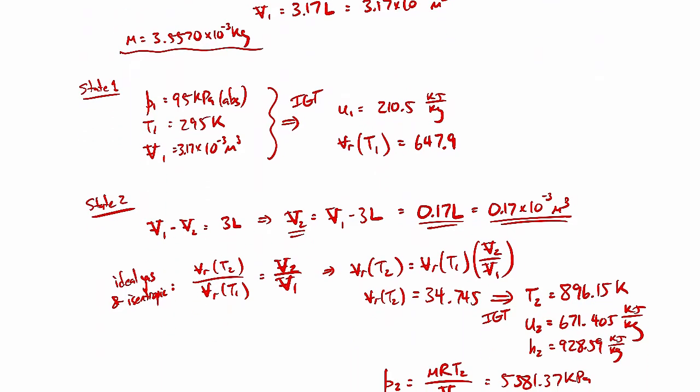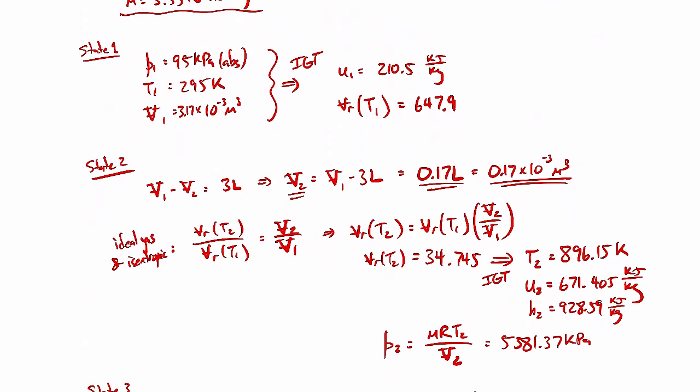We found all the properties at the various states. And the way we did that is we used the ideal gas table, because we're dealing with air. To connect information between the states, we made use of the displacement volume, and we used the relative volumes because we knew we were dealing with an ideal gas undergoing an isentropic process for a couple of those processes.